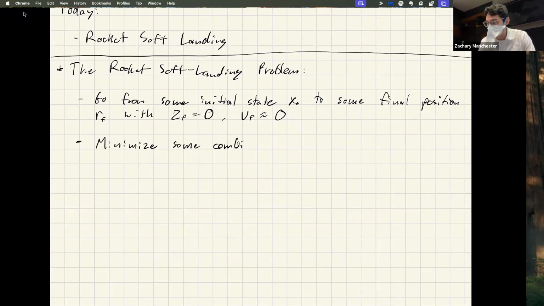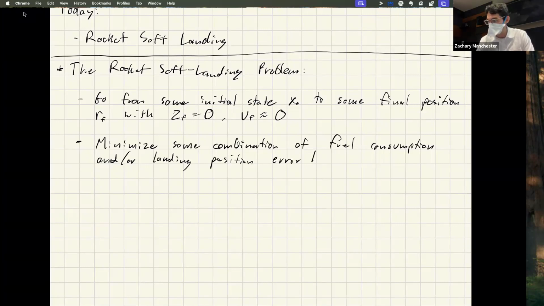So minimize some combination of fuel consumption and/or landing error, like position error, something like R final minus R goal.